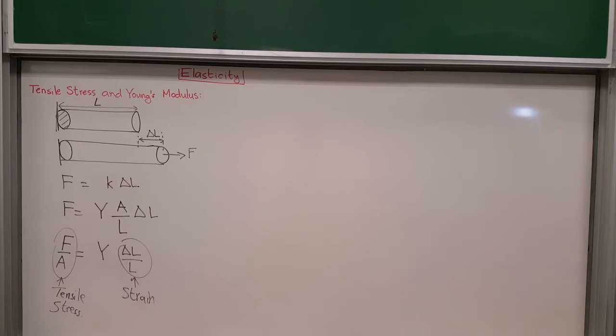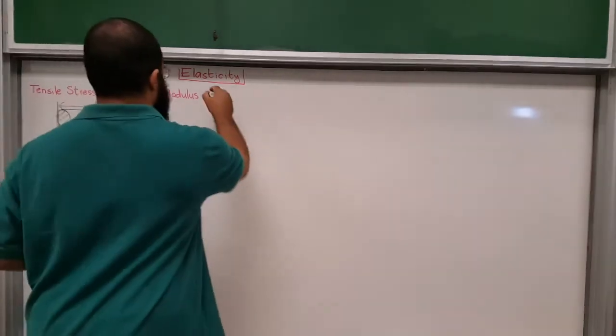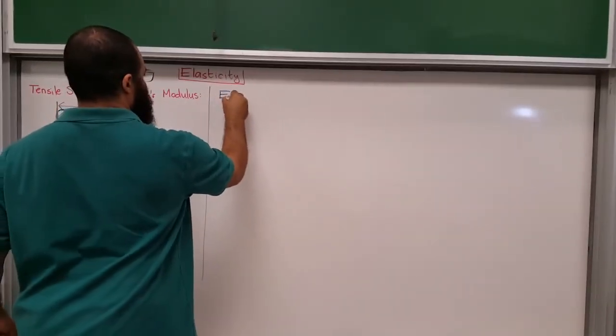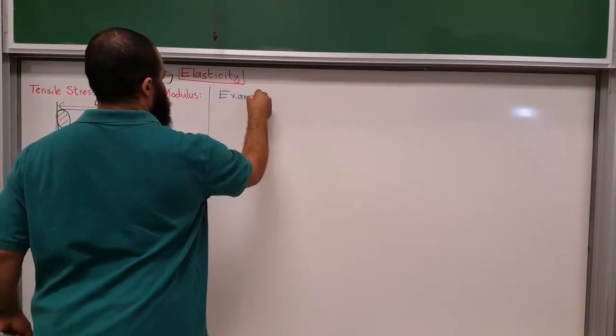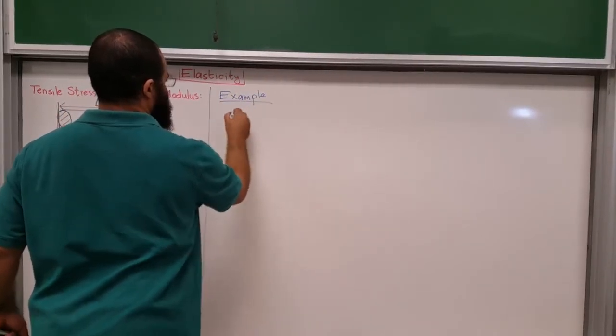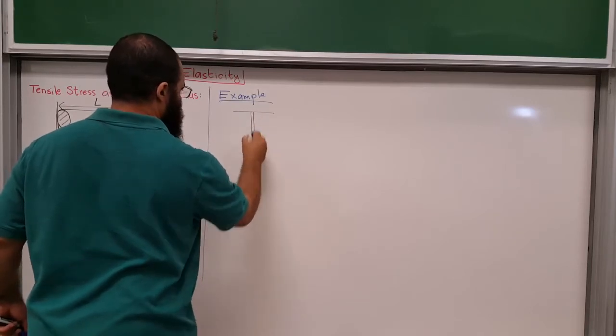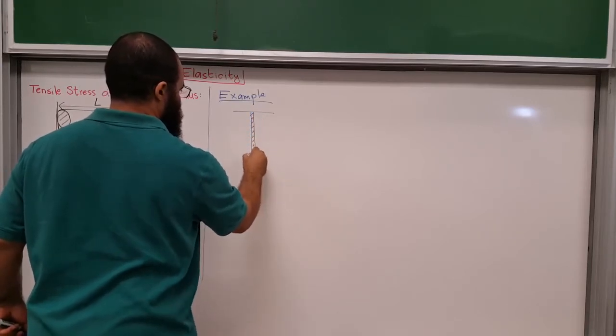So you have a 2 meter long wire, 1 millimeter in diameter. So let's see here. Example. So here is the wire.